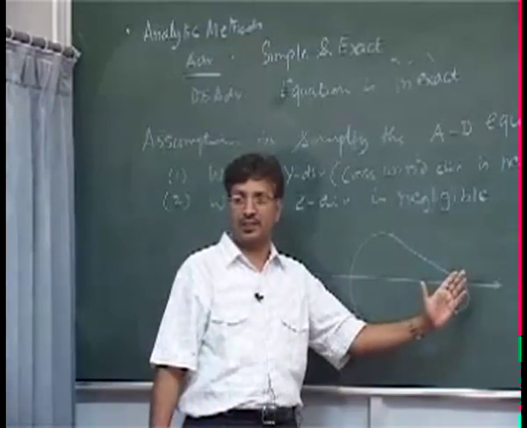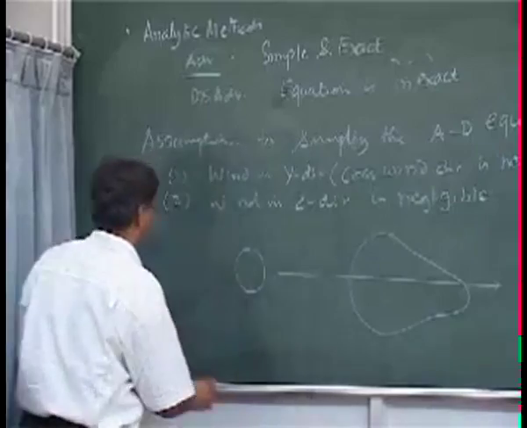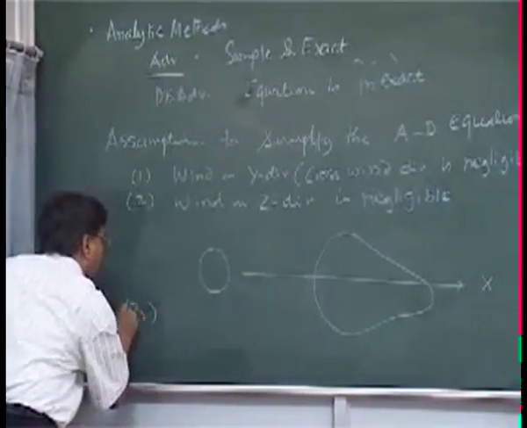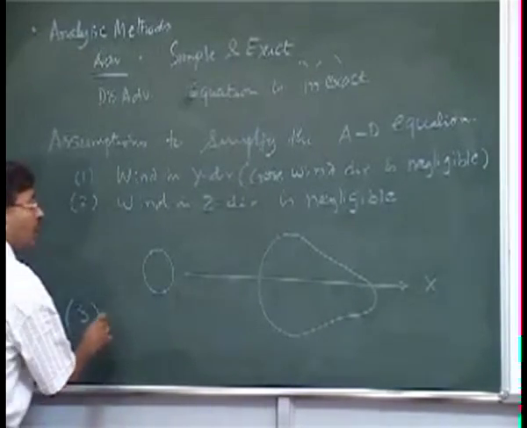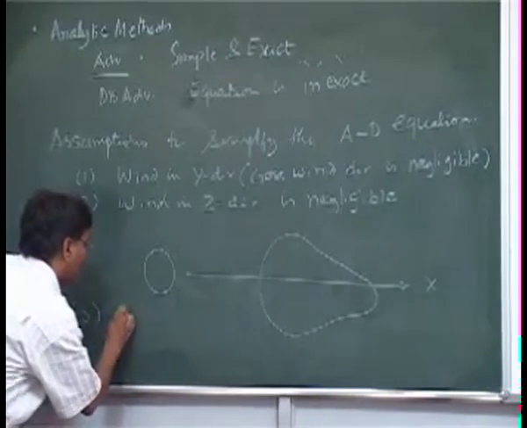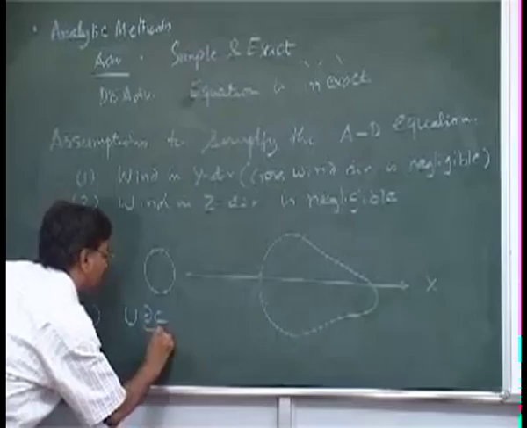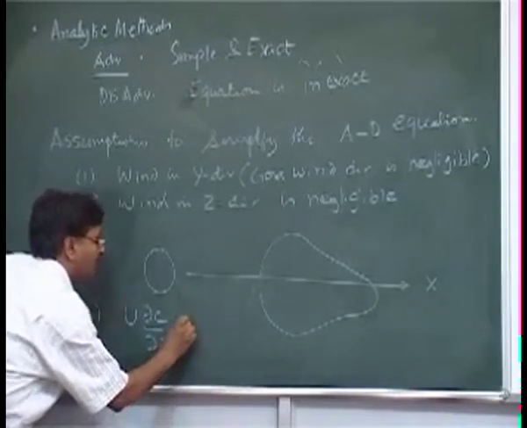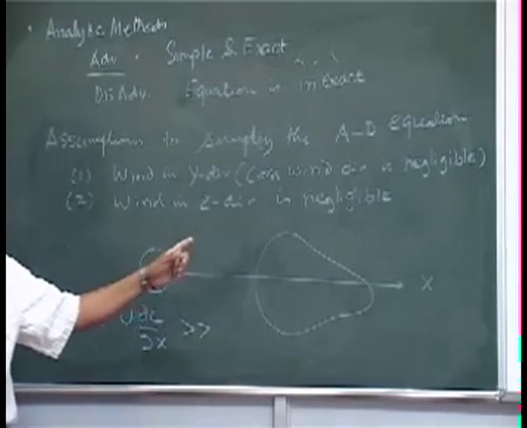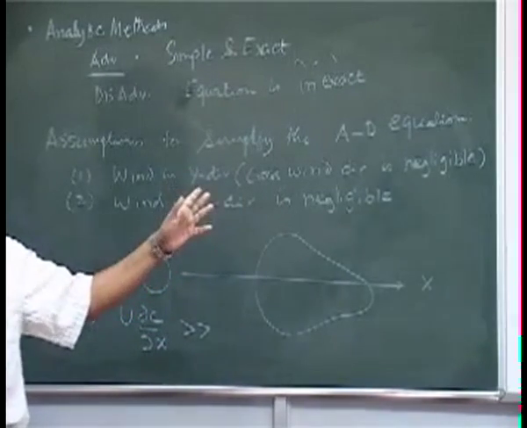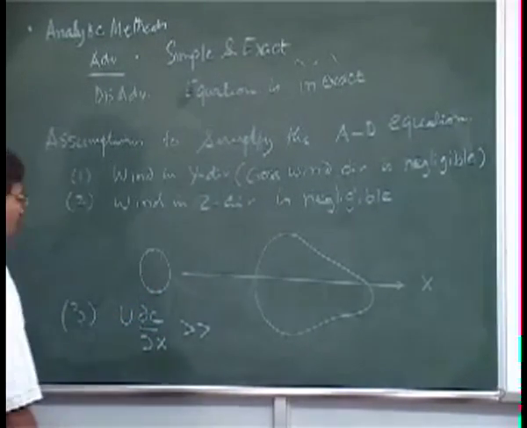in x direction. So the third assumption I can say, if you agree with me, is u del c by del x is much bigger than Kx del square c by del x square.